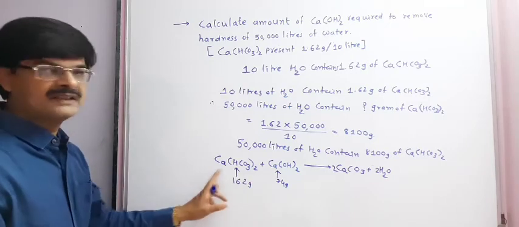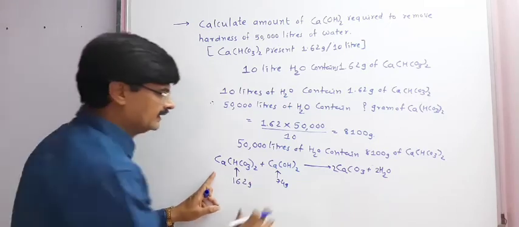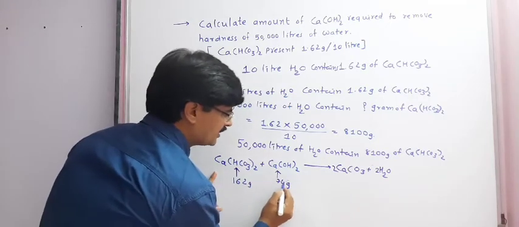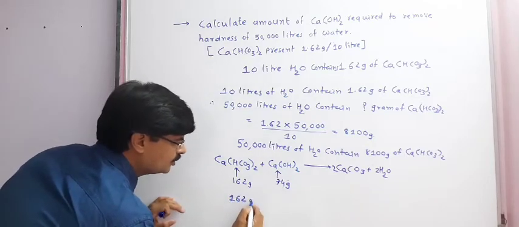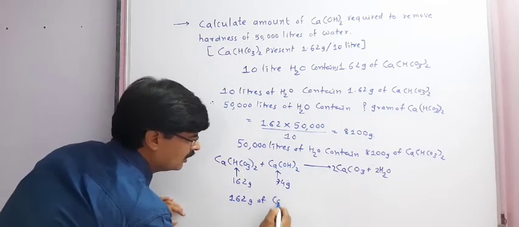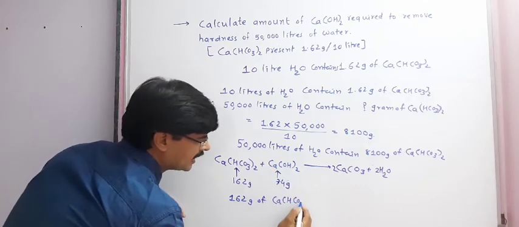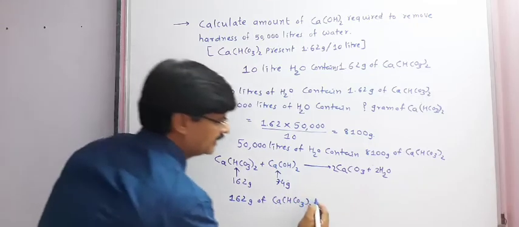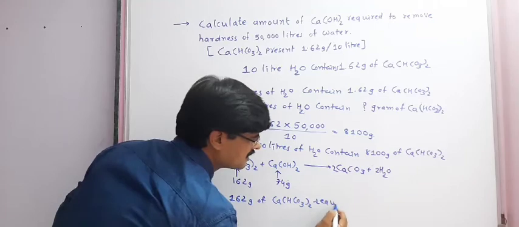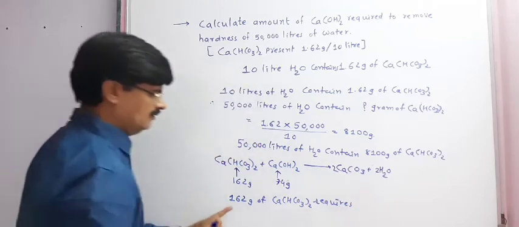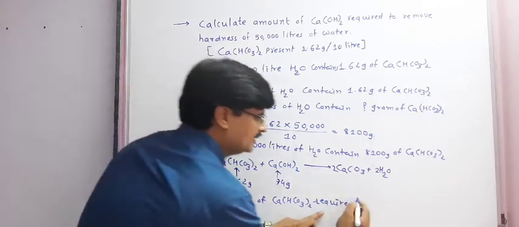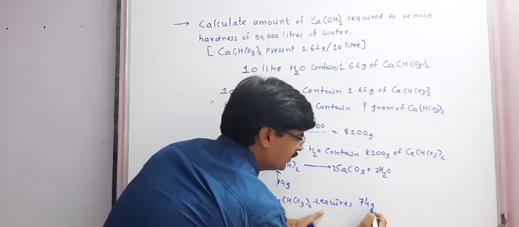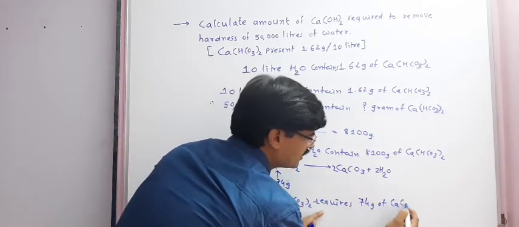So from this calculation we can say that 162 gram of calcium bicarbonate requires 74 gram of calcium hydroxide.